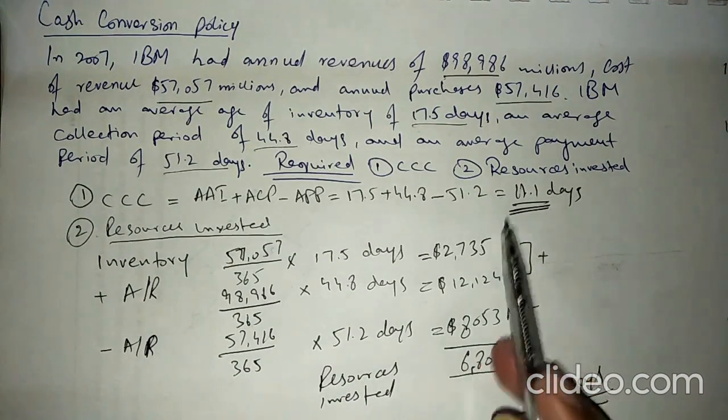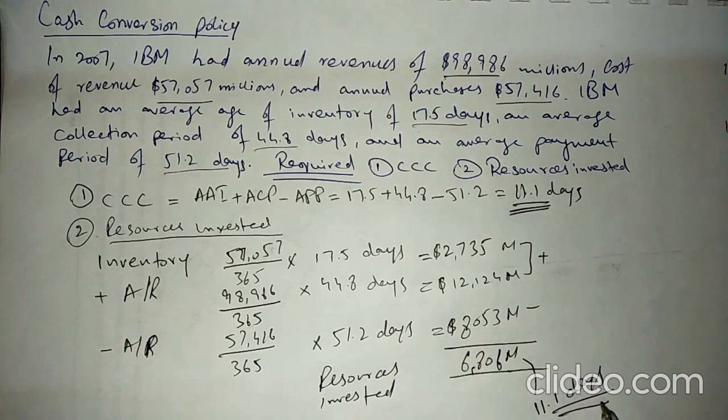So first we calculated a cash conversion cycle which was 11.1 days, and for 11.1 days at any time IBM needed 6,806 million of working capital to support the short-term financial management. So in this lecture we calculated a cash conversion cycle and resources required for working capital management. This is the optimal resources required for working capital management, 6,806.